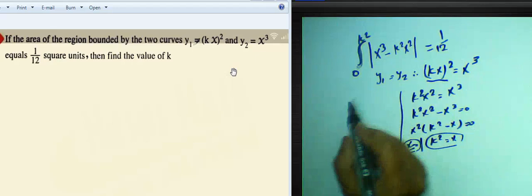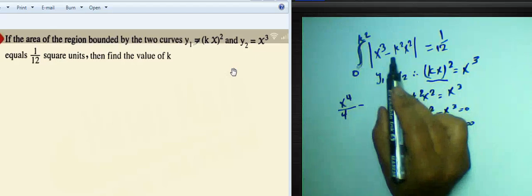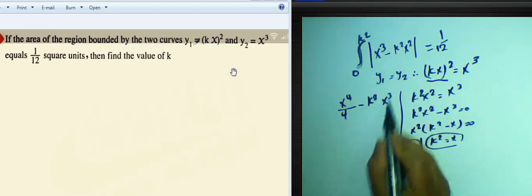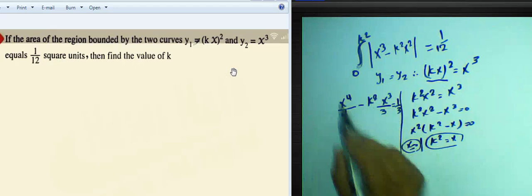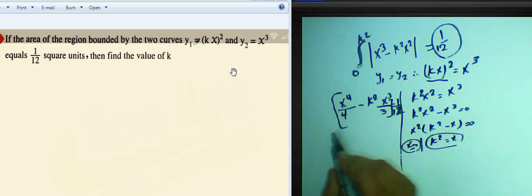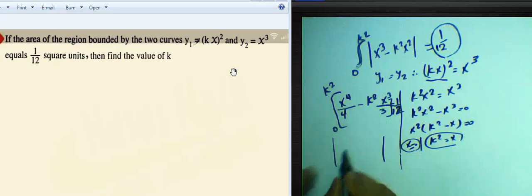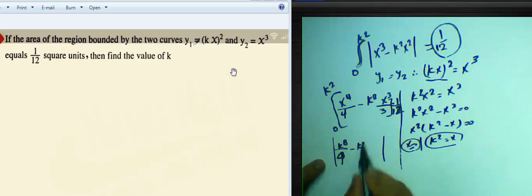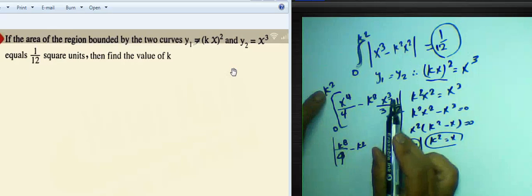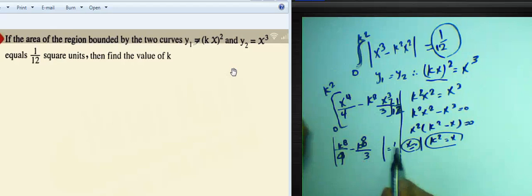Integration of this function: I will add 1 and divide by 4, subtract k² constant times x³ over 3, equal to 1 over 12, from 0 to k². Here k² gives k⁸ over 4, subtract k⁶ times k², which will be k⁸ over 3, and the result will be 1 over 12.